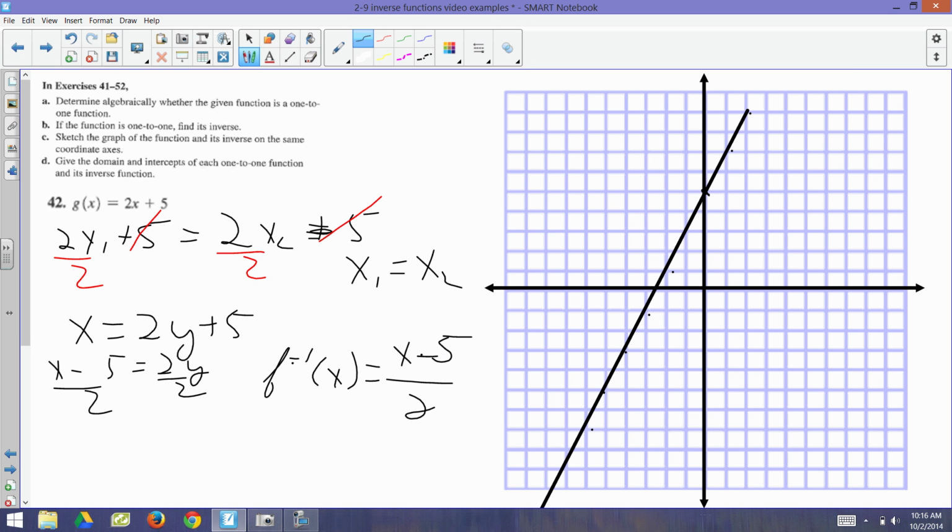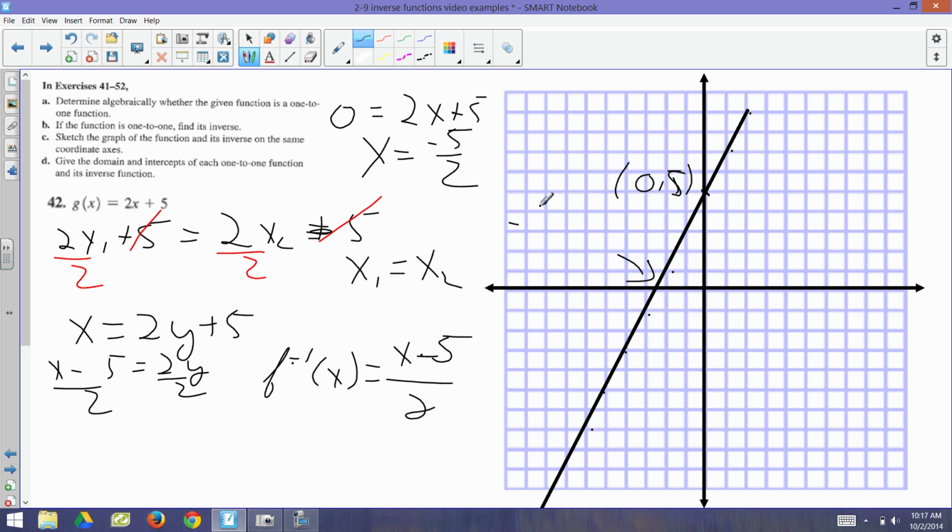And it said also, give the domain and intercepts. So here, my intercept is 0, 5. If I want to find my x-intercept, I know y is equal to 0. So to find my x-intercept, I solve that equation right there. So what I'll end up with is negative 5 halves, negative 2.5.